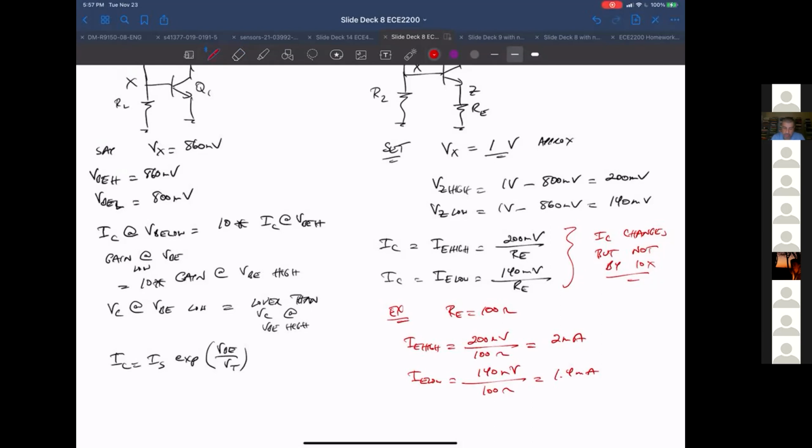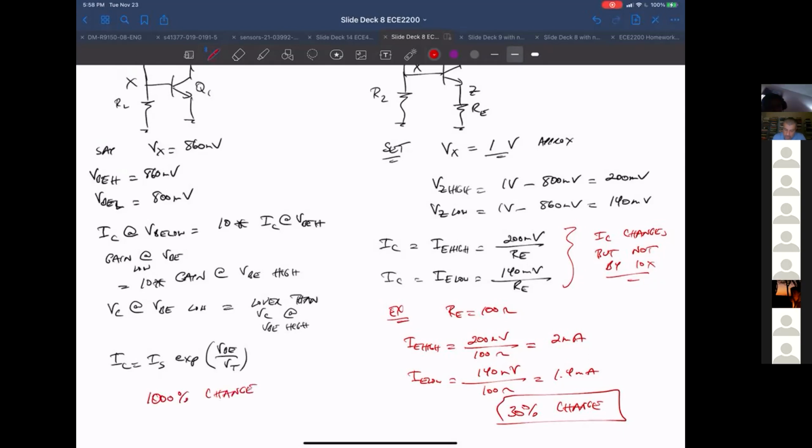So that's a 30% change in this case. And in the other case, you would call this a 1000% change in I sub C.